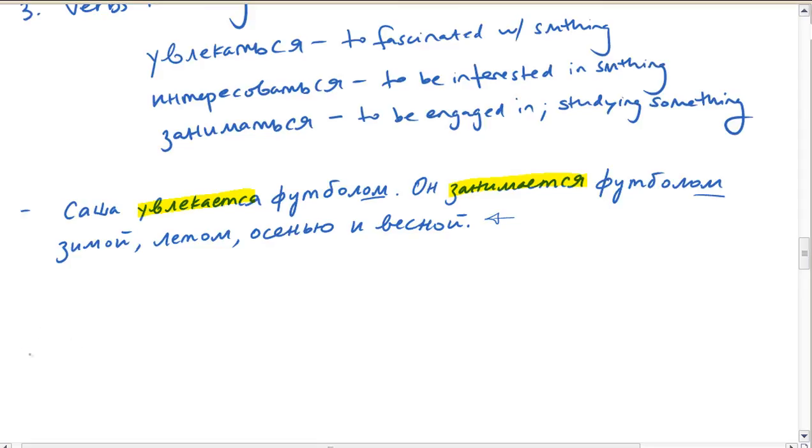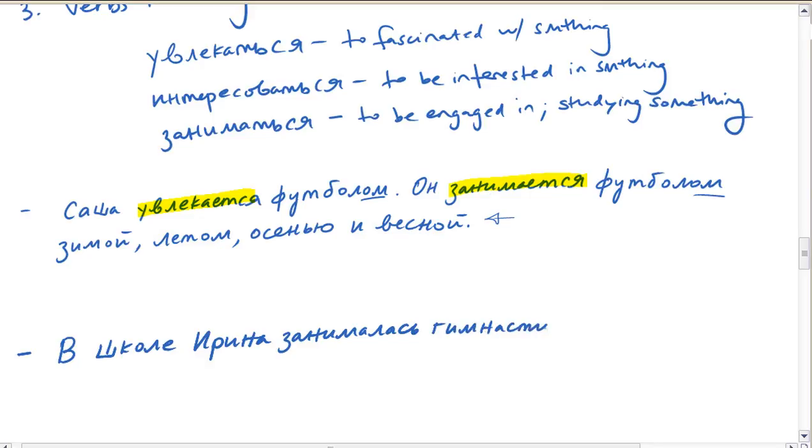And another example, в школе Ирина занималась гимнастикой и даже была чемпионкой города.